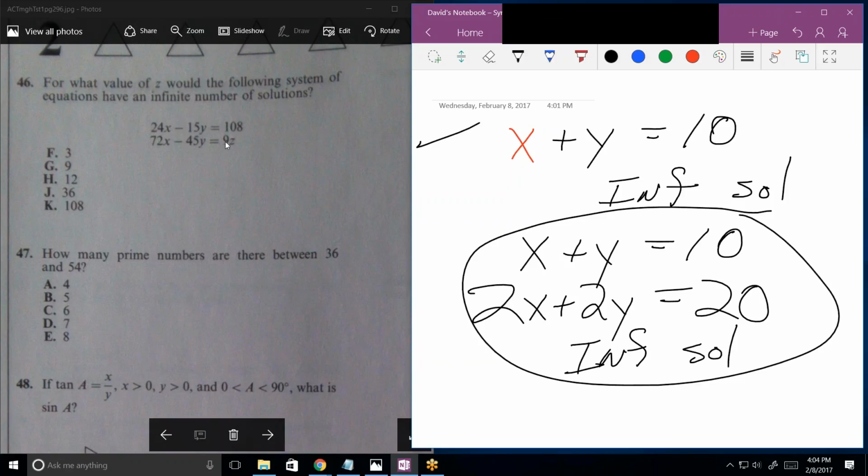So if 9z was 3 times 108, it would be this, what I've drawn in. In other words, we would have two equations that were basically the same, which means we would have an infinite number of solutions. So what would z have to be so that 9z was 3 times 108?